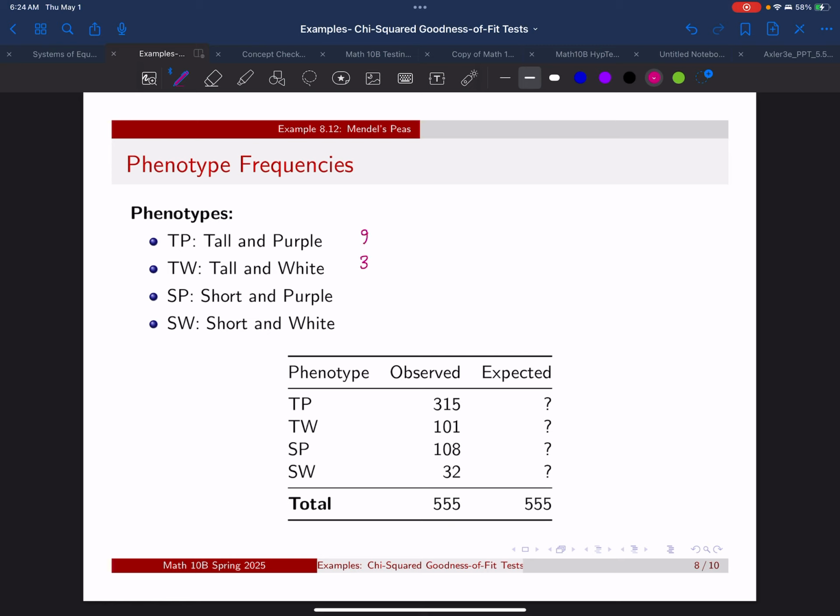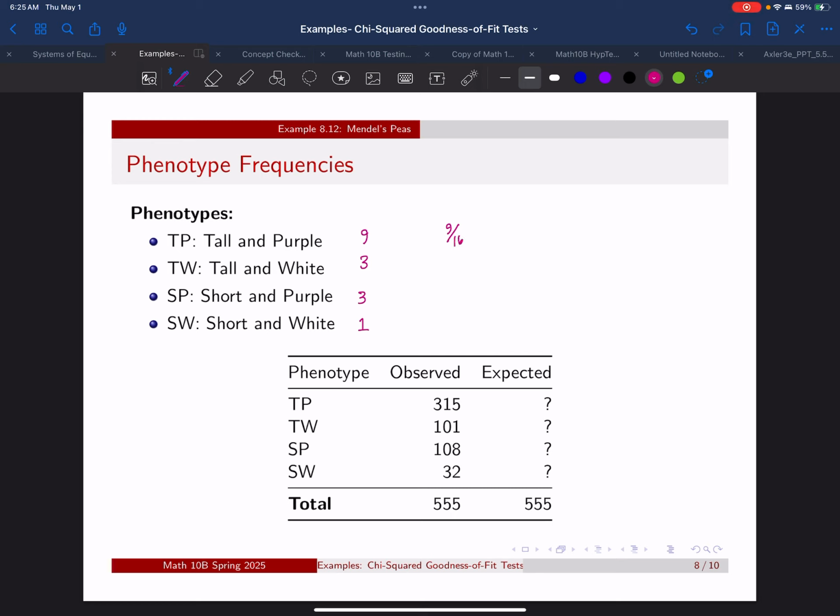Well, altogether, 9, 10, 11, 12, 13, 14, 15, 16. So altogether we have 16. So 9 out of 16, what percentage is that? So that's 56.25.